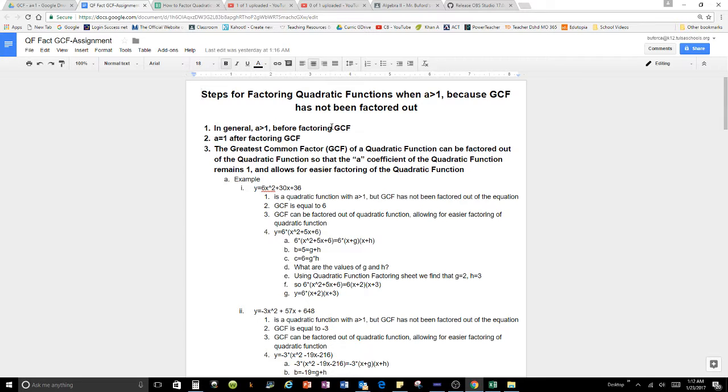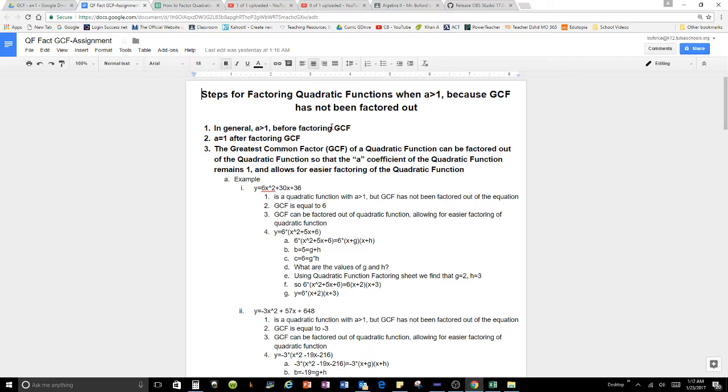We'll be able to pull that number out of the quadratic function, so that after we pull that number out, the a coefficient in the quadratic function becomes 1 again, and then you can go ahead and factor the equation just like you factored it in the previous assignment.